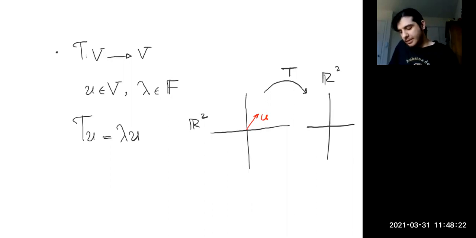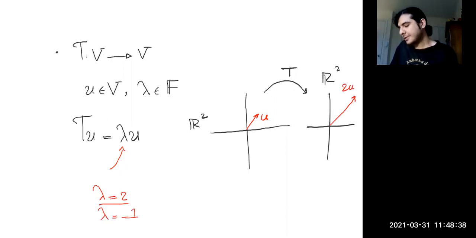So here the field is the set of real numbers. So this number can be something positive or negative or even zero. So for example, if this number is 2, it means we just get 2 times U. Or if this number is negative, we get, for example, minus U here.